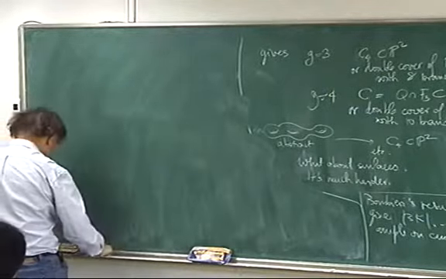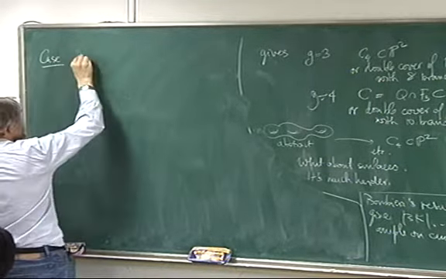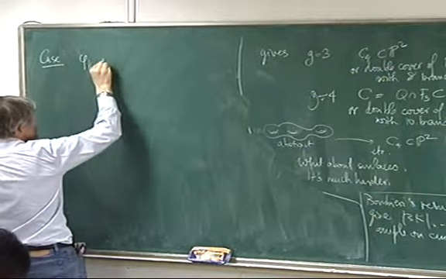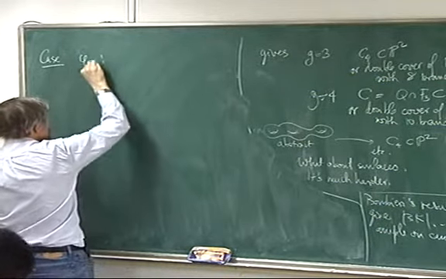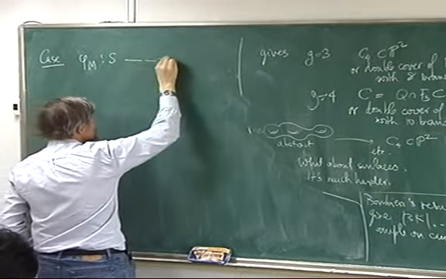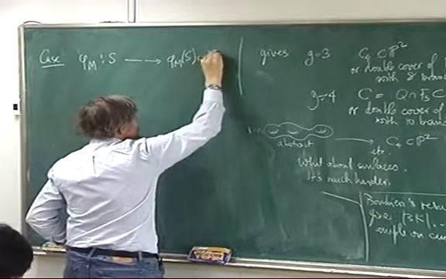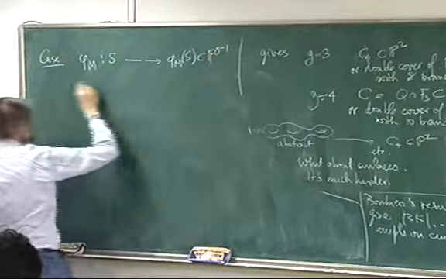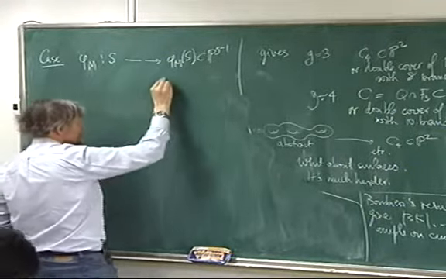So the next case is phi_M from S to phi_M(S) in P^(p_g minus 1). We can assume that the image is a surface.